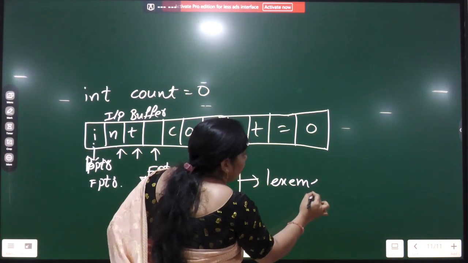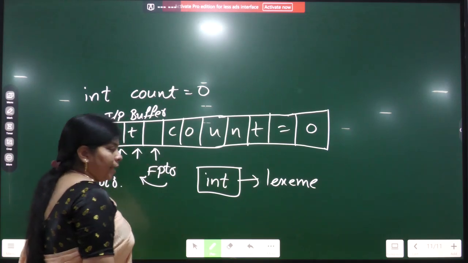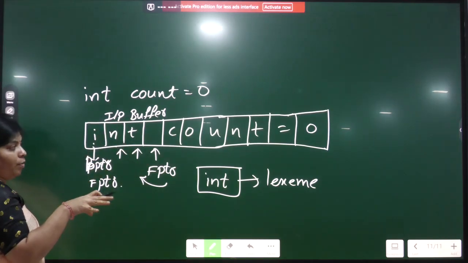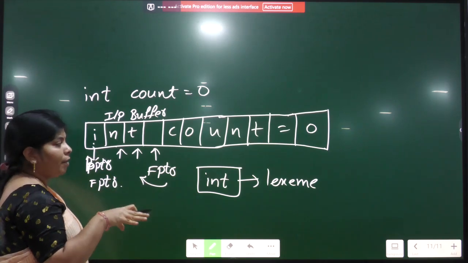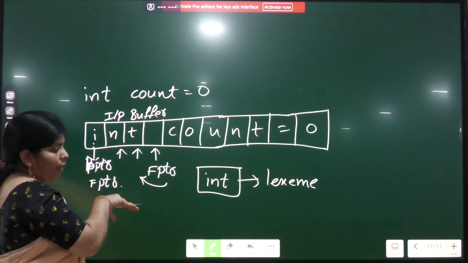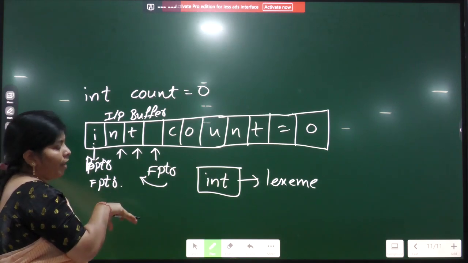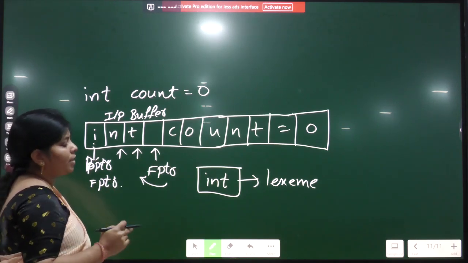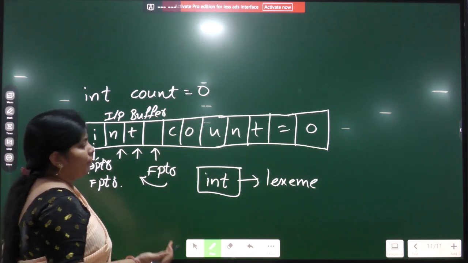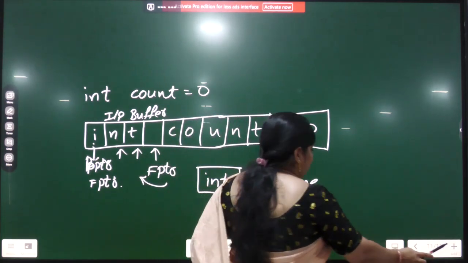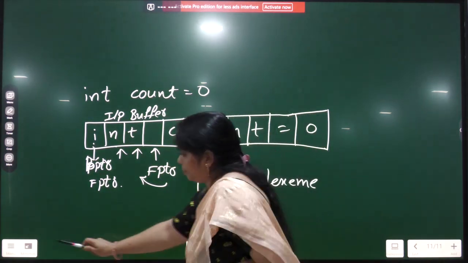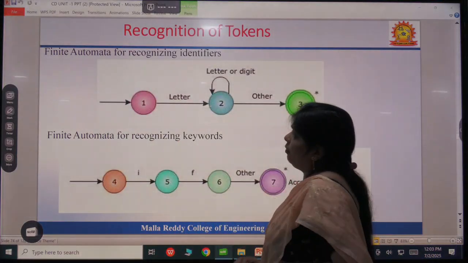This lexeme will be given to the finite automata. We have a set of finite automatas for identifying the tokens: one finite automata for identifiers, one for keywords, one for operators, and so on. First this will be given to the keywords finite automata, or else here it will be taken.